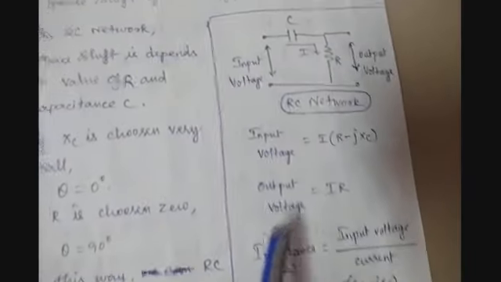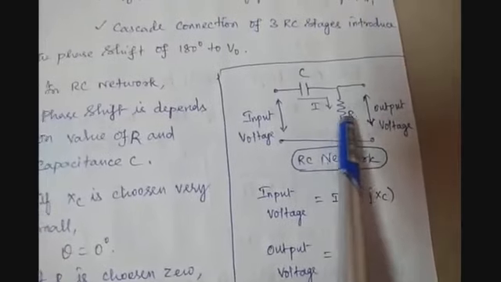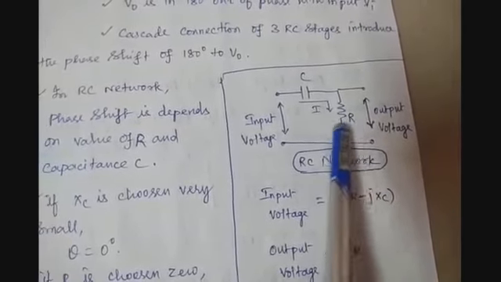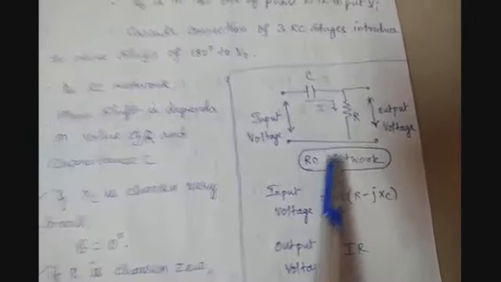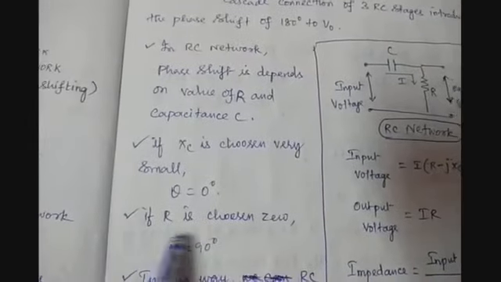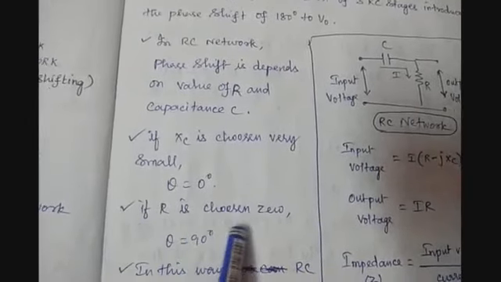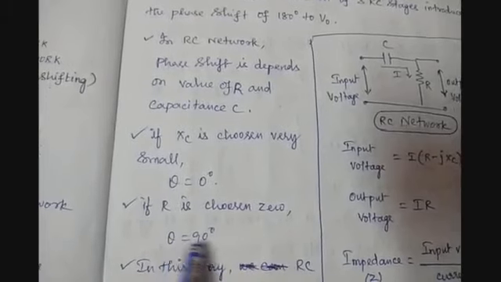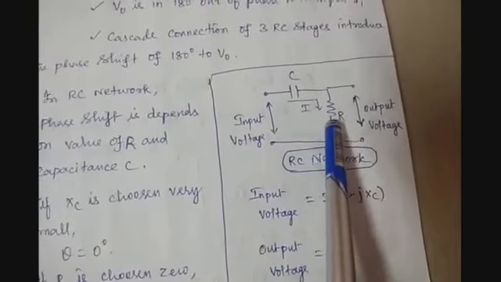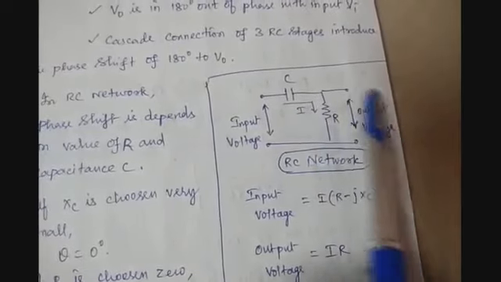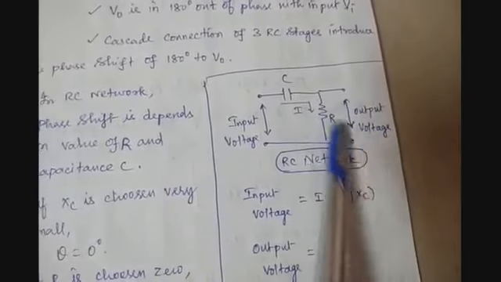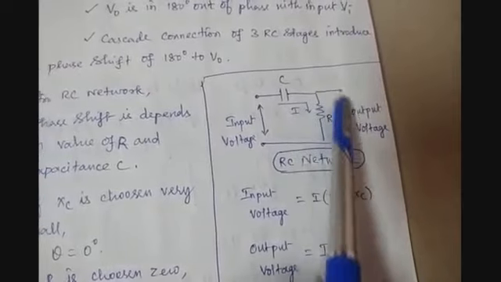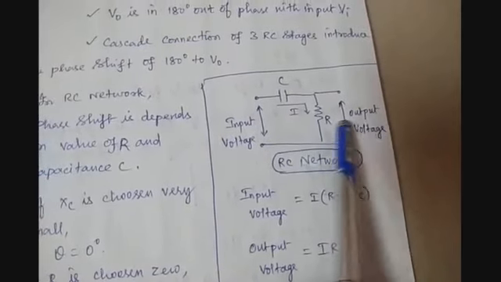See, the reason I will tell you. Suppose I take R as 0, then only we will get 90 degrees, correct? Here R, if I choose 0, then only the phase shift is 90 degrees, right? But if I choose R equal to 0, then the output voltage becomes 0.